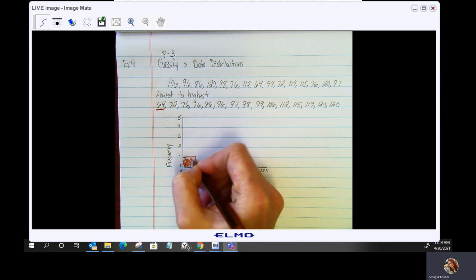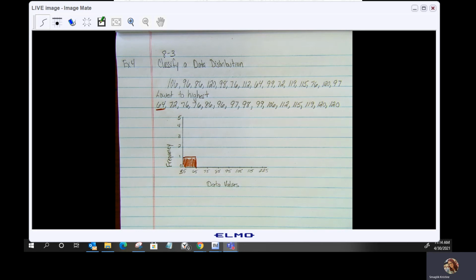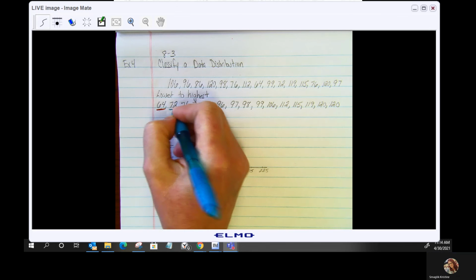The frequency that it occurs is once. From 66 to 75, I just have one.